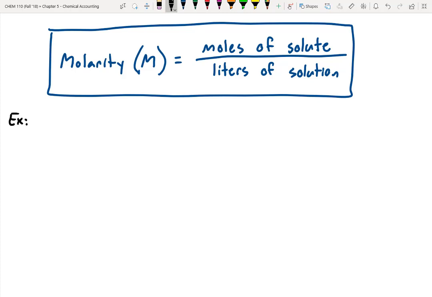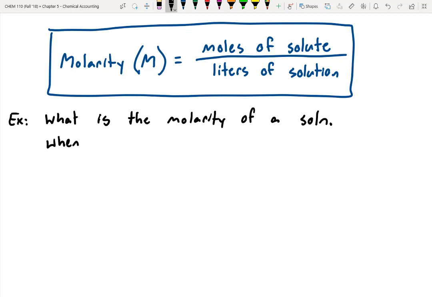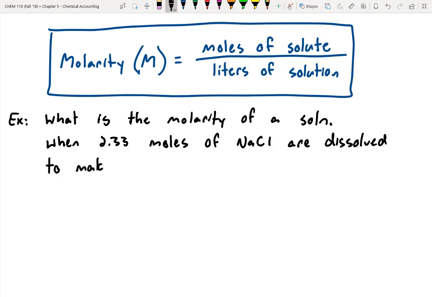All right, in this example, we're determining the molarity. So what is the molarity of a solution when 2.33 moles of sodium chloride are dissolved to make 3.77 liters of solution?